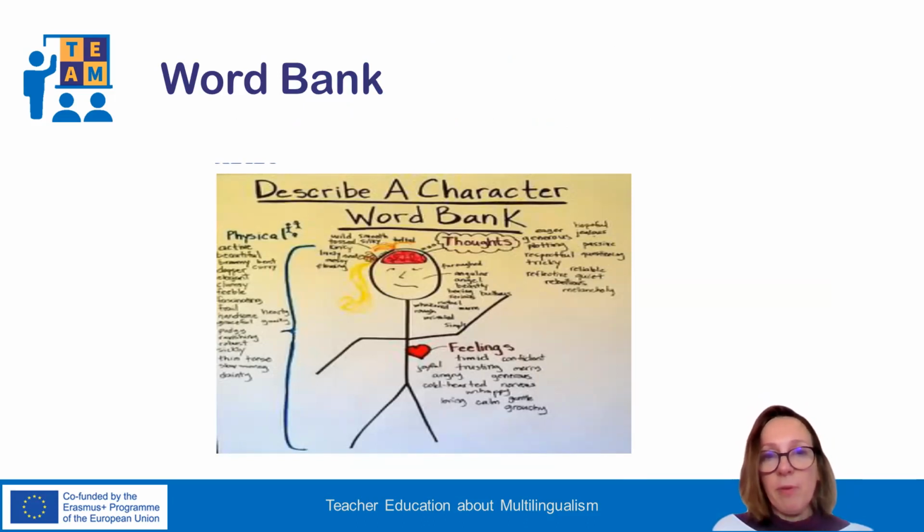Here we have the example of a figure which students have to describe physically, but also they have to provide adjectives relating to his or her feelings, to her personality and character. So the theme here is describing a character, and the students have to provide several adjectives referring to different kinds of description. Physical description, character description, feelings description.